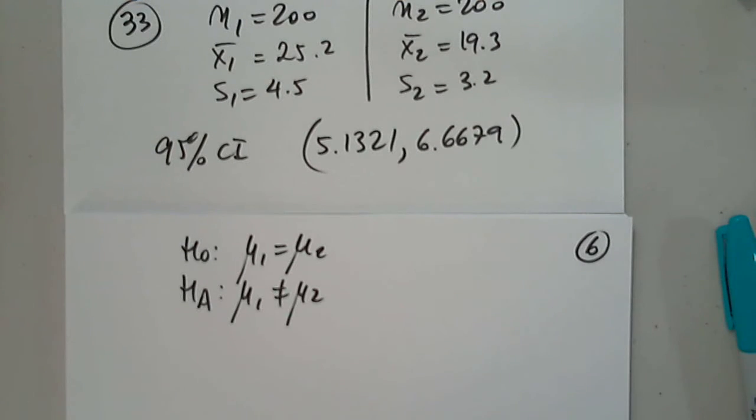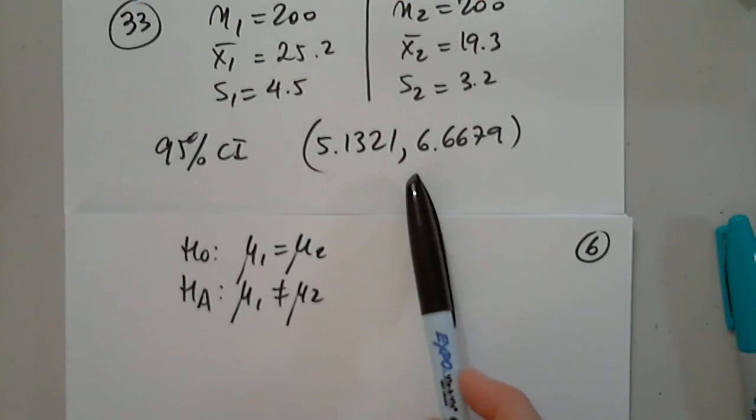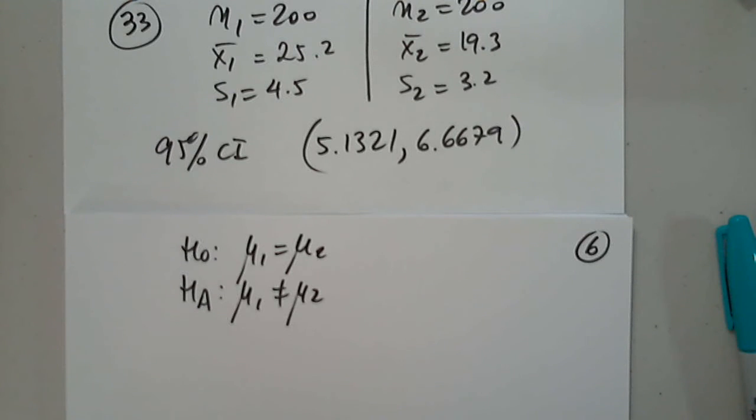So we had the same situation 5 minutes ago or 3 minutes ago. So what do we conclude here? What do you think? If we were to conduct this test, would we have rejected or failed to reject the null hypothesis?